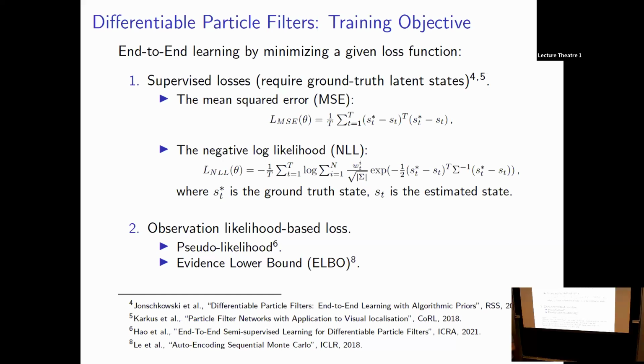But to make it more widely applicable, it is perhaps better to have an unsupervised or at least semi-supervised approach. So you can use a much larger number of observations for which you don't know the corresponding ground truth. Then we can have a pseudo likelihood based approach and also an evidence lower bound based approach on your data likelihood to perform optimization.